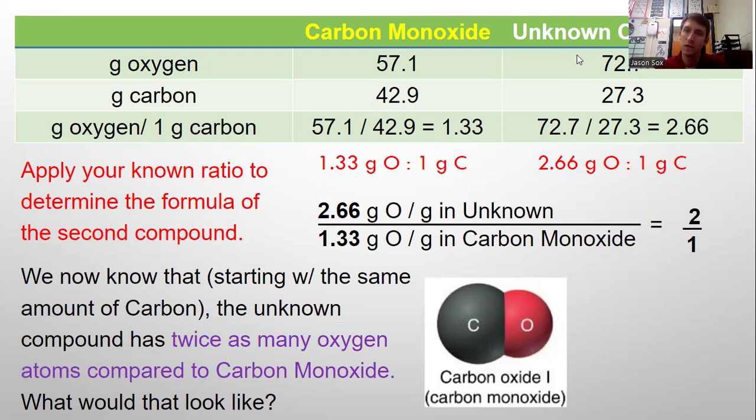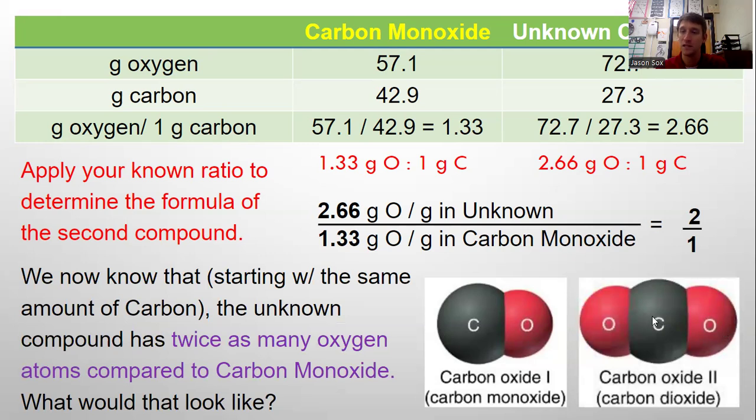And what we've concluded is that this unknown compound has twice as much oxygen with the same amount of carbon. So how many carbons did the carbon monoxide have? Just one. So our new molecule has to have just one carbon, but the unknown has twice as many oxygens. So what would you suspect to see over here? Hopefully, CO2, and that's carbon dioxide.